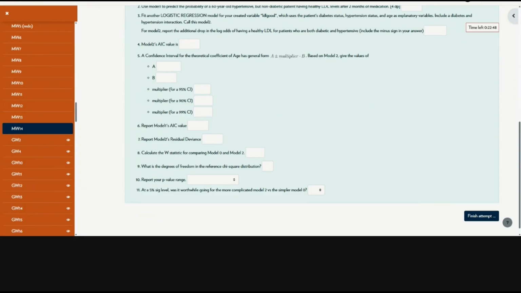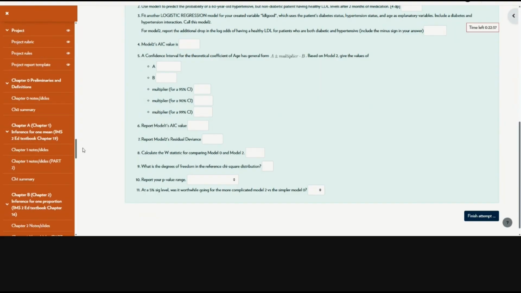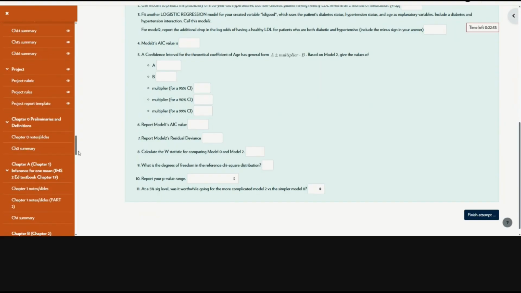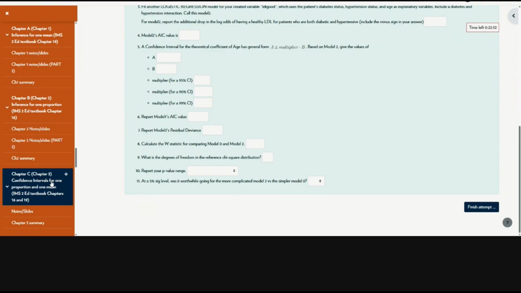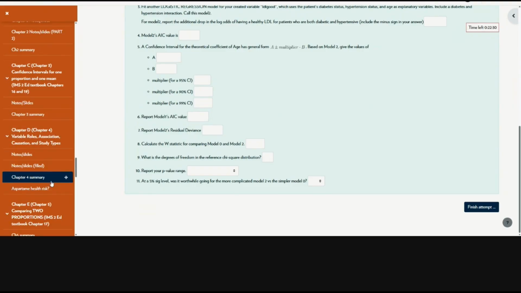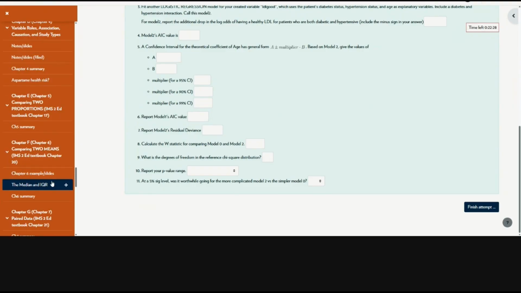Of course, you don't run R in the exam, but you need to give an output that you can. So let's quickly go through all the summaries that we have on our page. Well, not all of them. Some of the more basic ones I will let you look at.